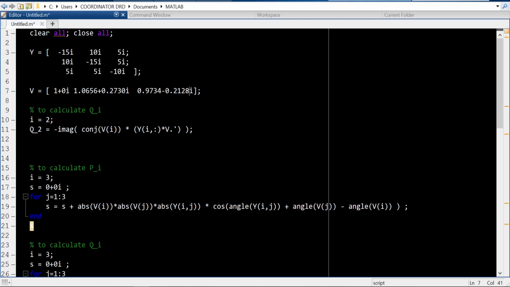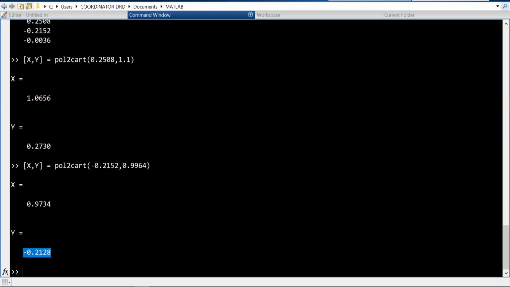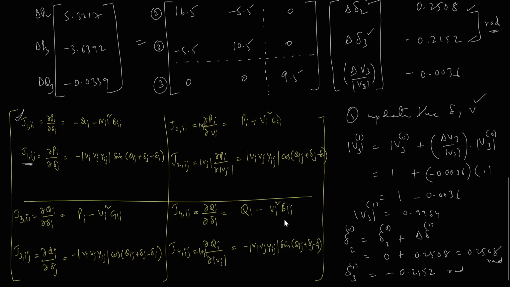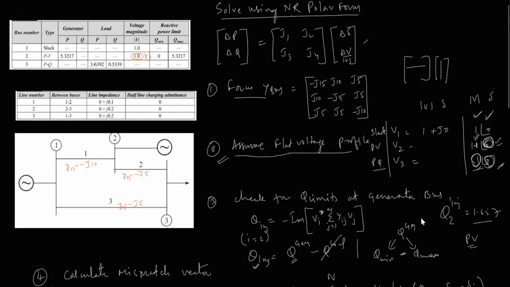So Y bus is same, so I repeat once again. So this is 1.0656 plus J, what was that angle?